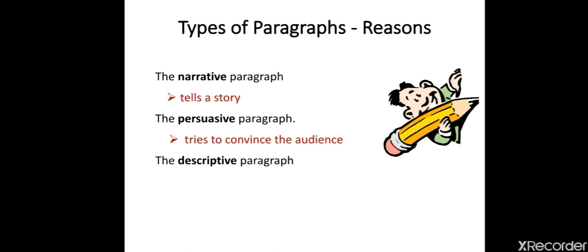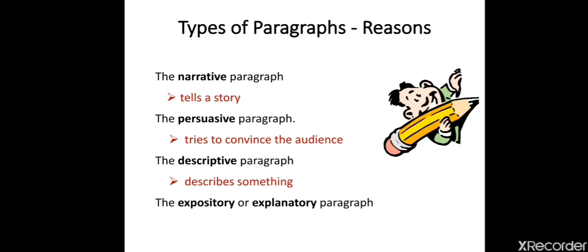Those who are writing reports about a place or person will be using descriptive paragraphs. They have to describe things, places, processes, machines, anything, objects. So when you describe, the paragraph is called a descriptive paragraph.